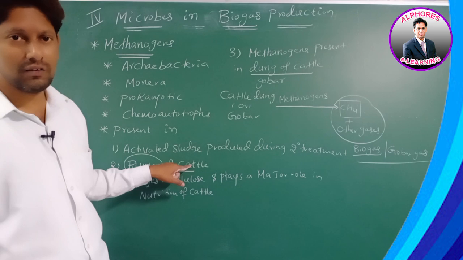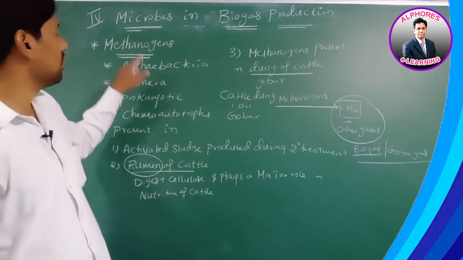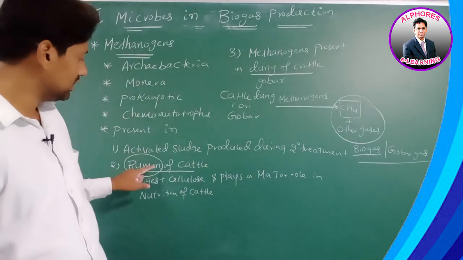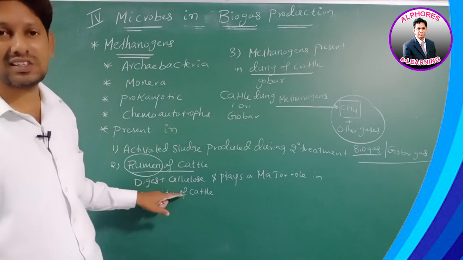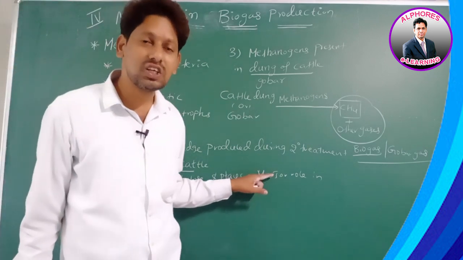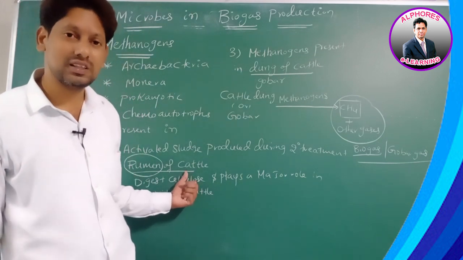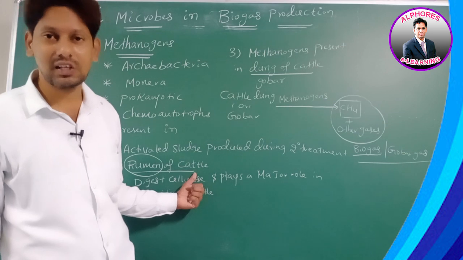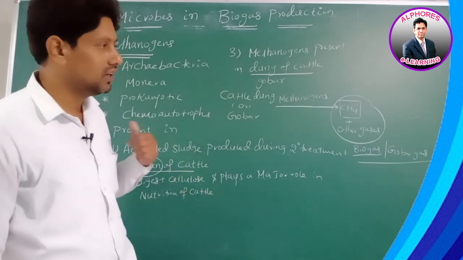Number two, rumen of cattle. In the rumen of cattle, these methanogens digest the cellulose and play an important role in the nutrition of cattle.